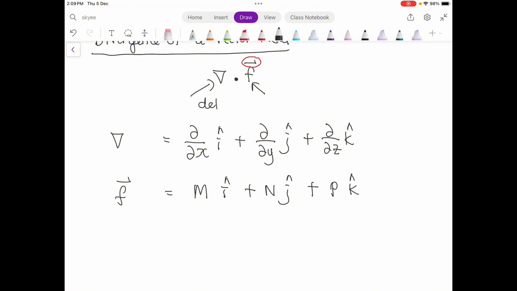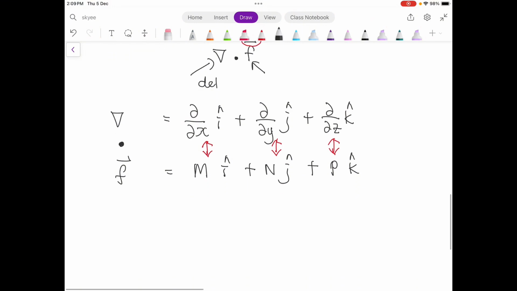When you have the dot product between terms, this means that you have to multiply component by component and then add them together. Remember how to do it?